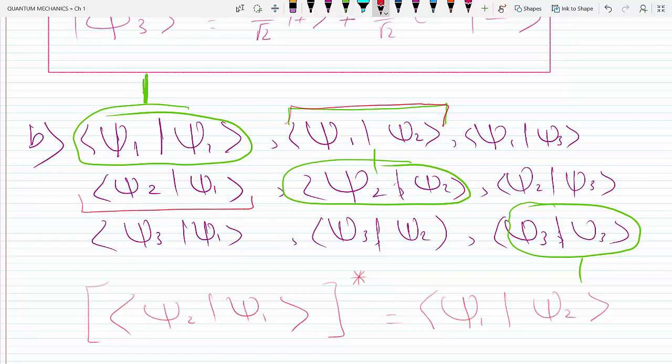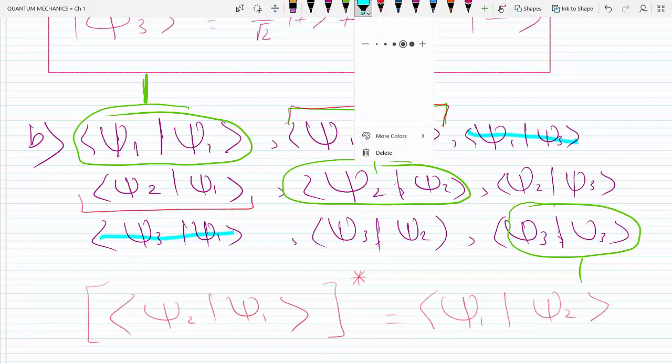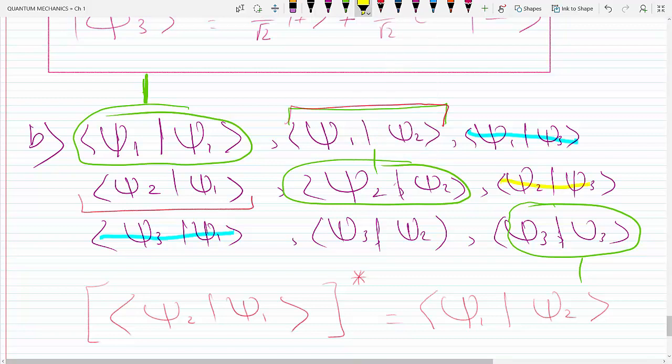You understand? The same exact argument applies between psi 1, 3 and psi 3, 1, and between psi 2, 3 and psi 3, 2.